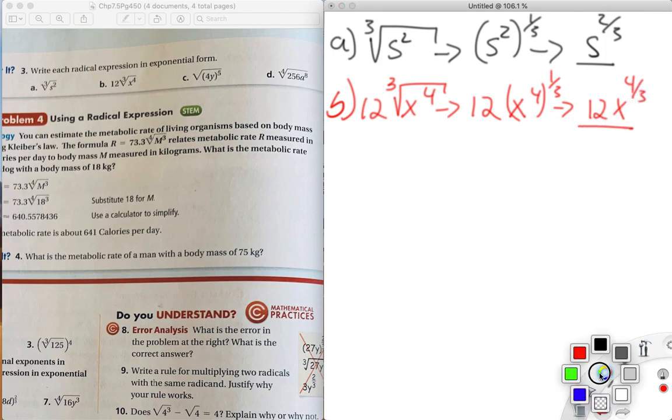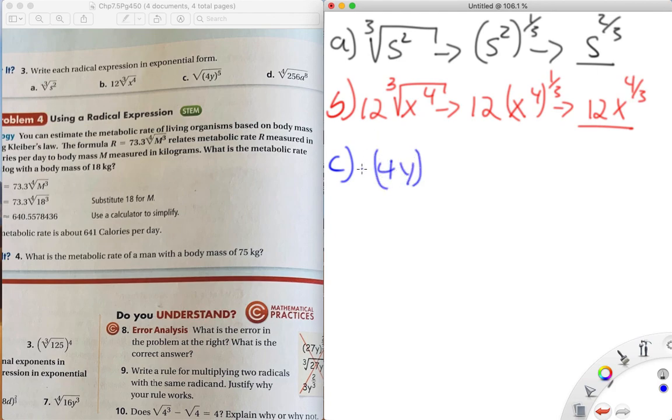And then c, we have 4y to the 5th square rooted, since there's no number in the index. So that's, oh, this is raised to the 5th power.